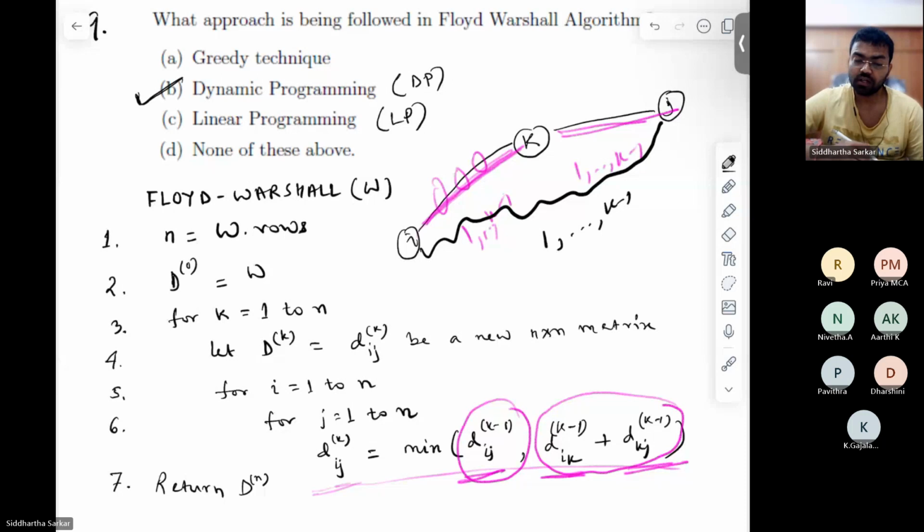Okay, so I'm going to move to the last question. Can't you say it is greedy? There is no step where we are using greediness.